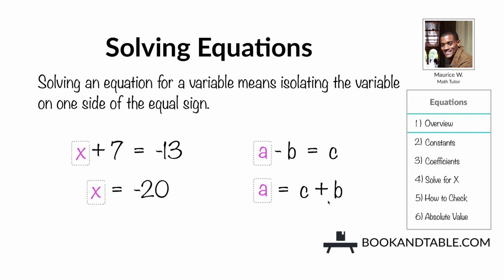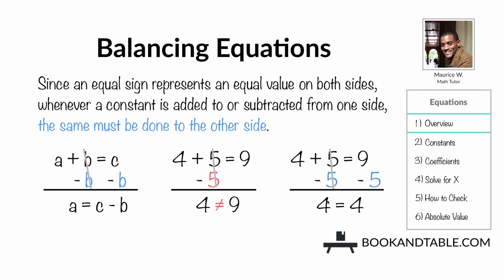Now, before we get to how to solve these, I first want to discuss balancing equations. Since an equal sign represents an equal value on both sides, whenever a constant is added to or subtracted from one side, the same must be done to the other side. So if we have an equation a plus b is equal to c, and we want to isolate a, we need to negate this positive b.